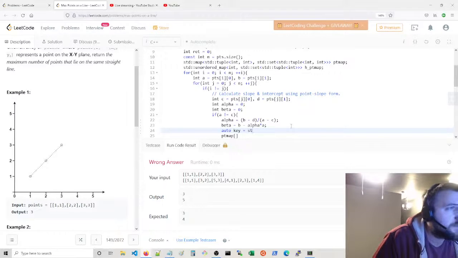So point slope form, yeah, just slope and then the slope and intercept.